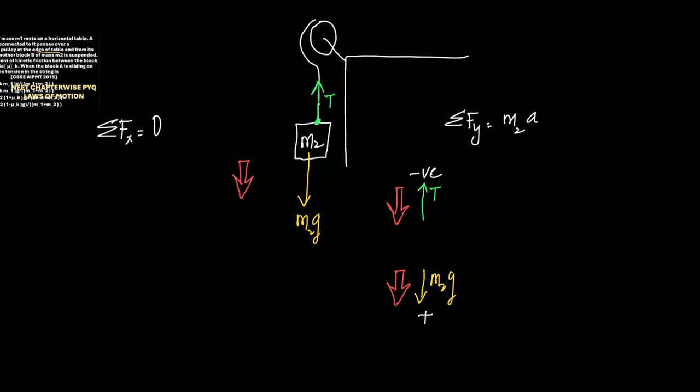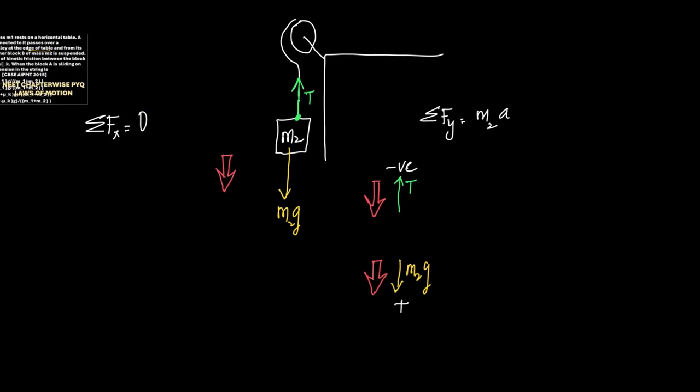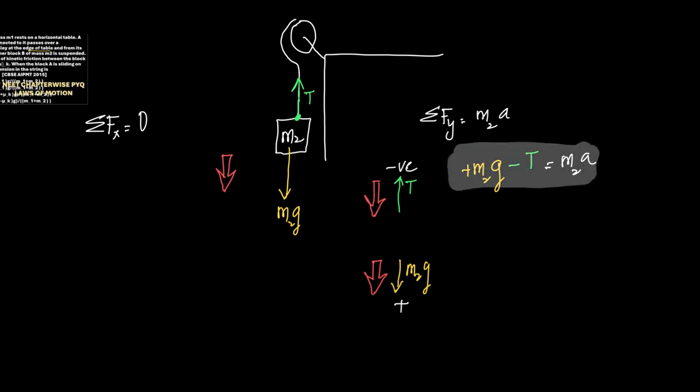So when we write sigma fy, how can we write this equation? We'll write this as plus m2g minus tension is equal to m2a. So we got one more equation. Two bodies, two equations.